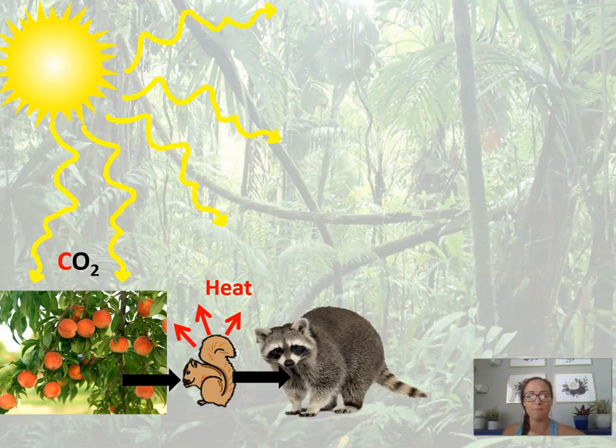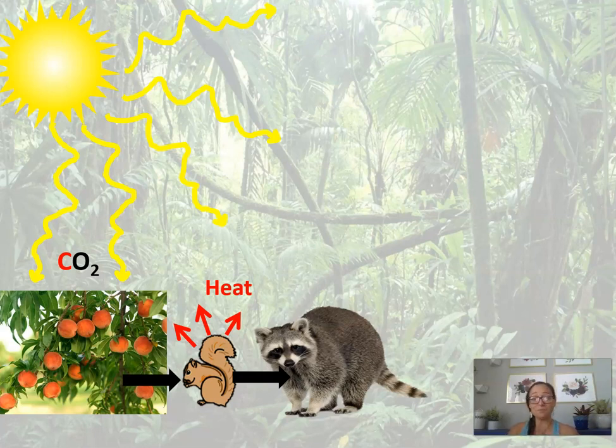A lot of it came off as heat, because the enzymes are not 100% efficient at converting energy. And that's the second law of thermodynamics, of increasing disorder and entropy. So here we lose some of that energy in the conversion process as heat.